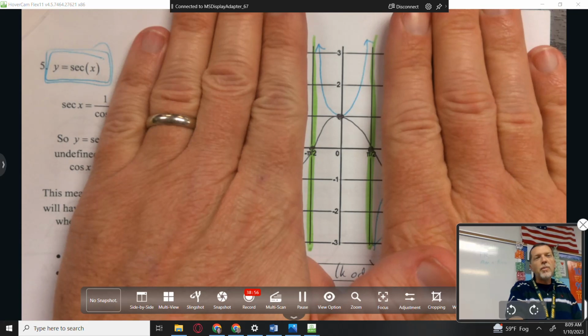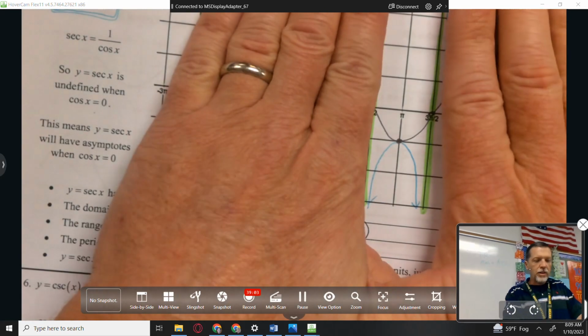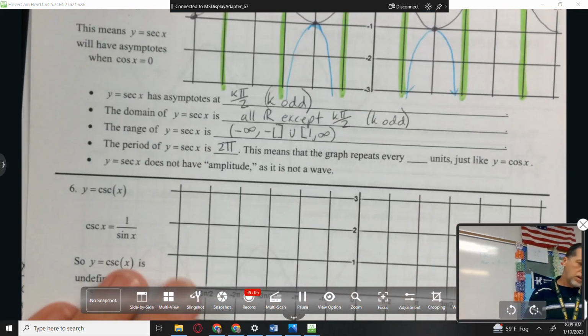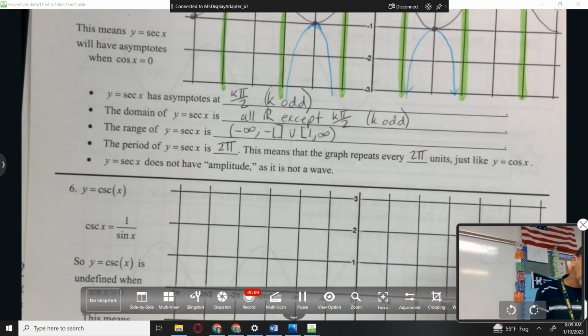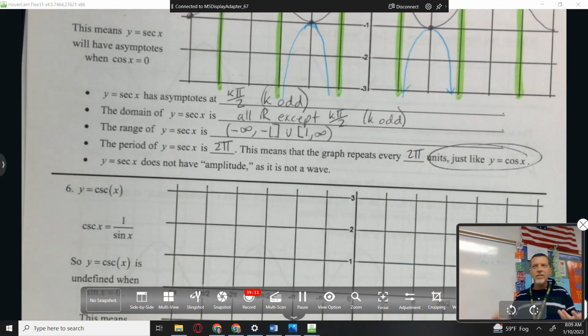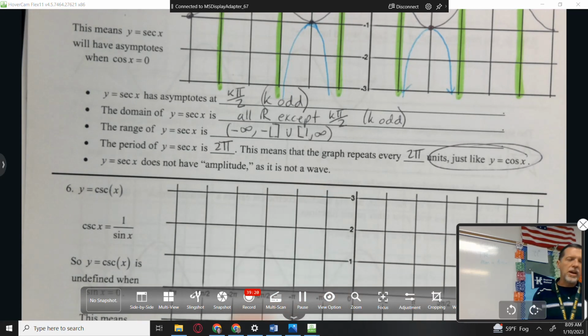If you take a pi window and start repeating that, you're going to be missing the down u's, or the other way around, you could be missing the up u's. The graph repeats every 2 pi units, just like cosine, because it's very much related to cosine. Again, secant doesn't have an amplitude because it's not a wave.